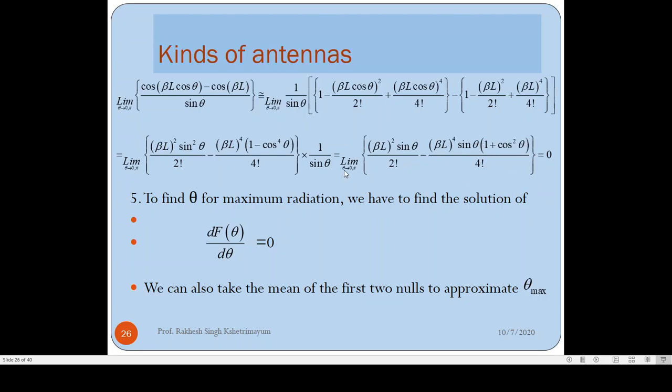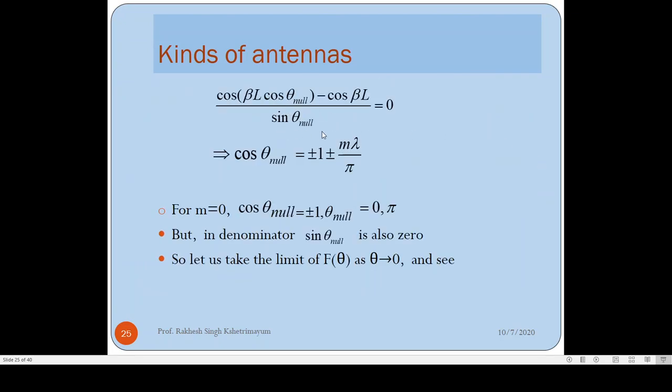What you see is that whenever theta tends to 0 or pi, this function is becoming 0, this function is also becoming 0. It means when theta tends to 0 or pi, the function capital F theta is giving 0. So even if the denominator itself is also giving 0, the limit overall of this function F theta is 0, so we have a null of the radiation for cos theta null equal to plus minus m lambda by pi.